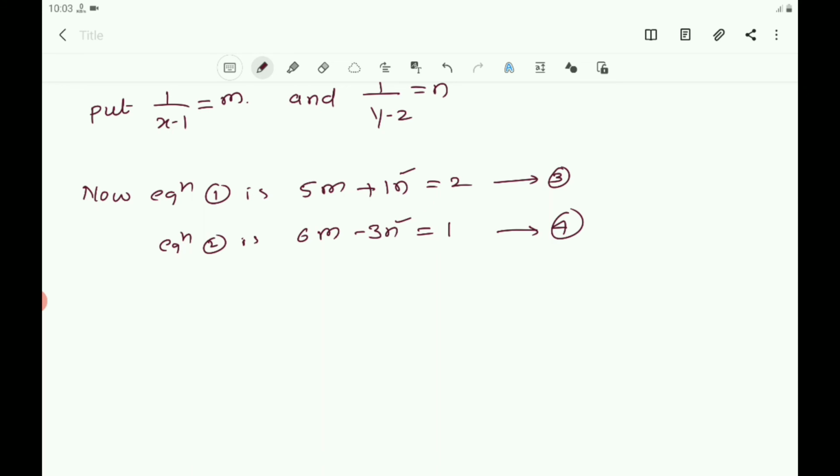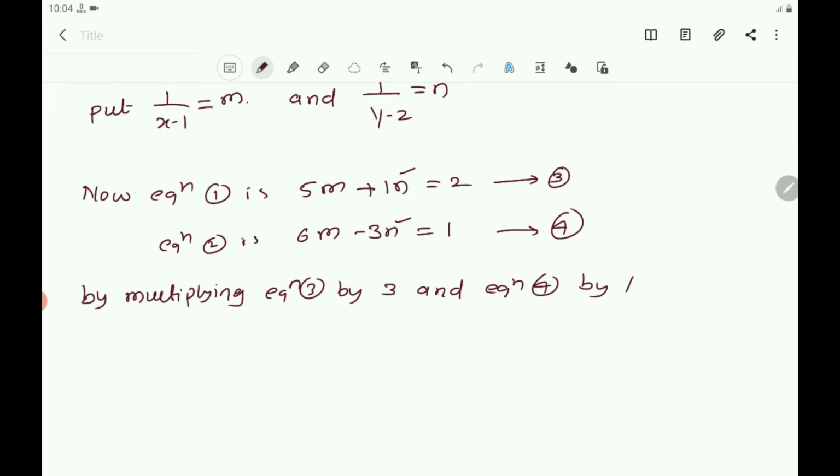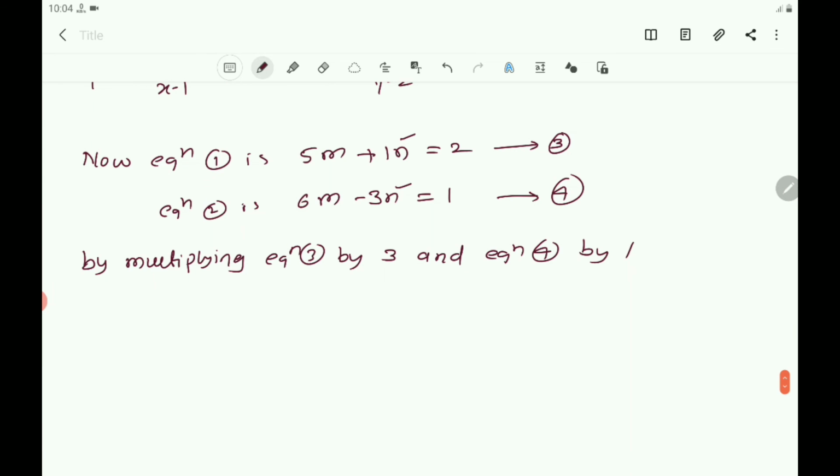It is convenient to multiply equation 3 by 3 and equation 4 by 1, as n has 3 as a coefficient, that is minus 3.